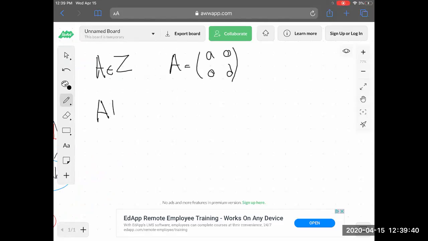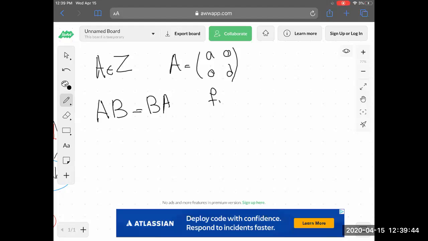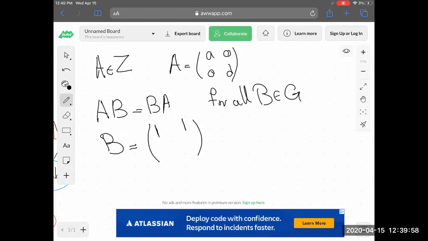Now I know AB should be equal to BA for all B in the group G. Let's take B to be [1, 1; 0, 1]. The determinant of this matrix is 1 times 1 minus 1 times 0, which is non-zero. Therefore, B is in the group G.